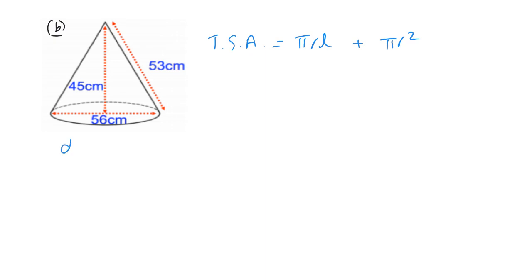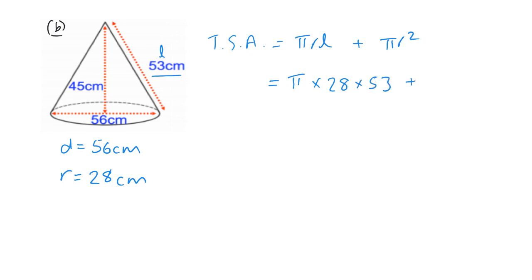We're given that the diameter is 56, so the radius is half of that, which is 28 centimeters. Then our slant height is the other one that we need, and that's 53. So pi times 28 times 53 plus pi times 28 squared.